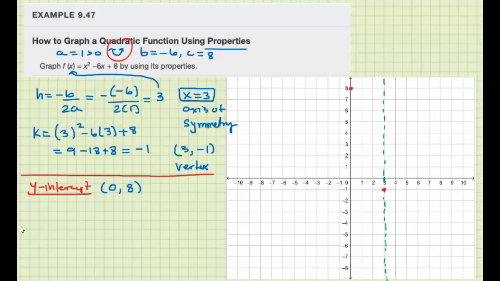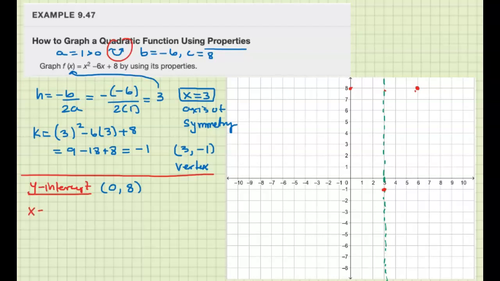Because the parabola is like a mirror image on one side and the other, this point right here, you can see it's 3 units away from the axis of symmetry. You can copy it, mirror it on the other side. So you can put a point right there because you know the parabola is symmetric. Okay, so you get bonus points that way.